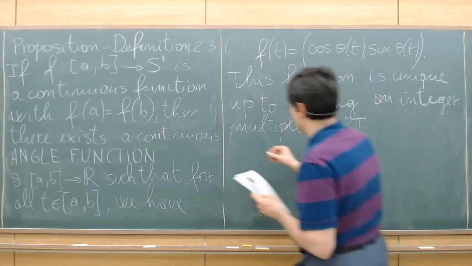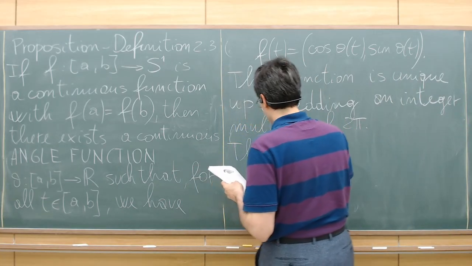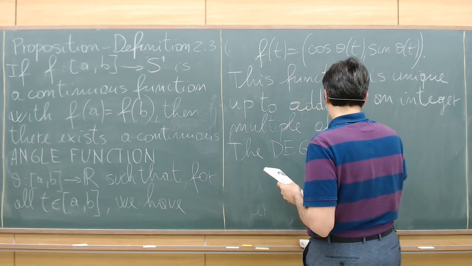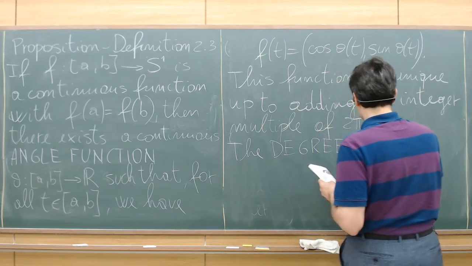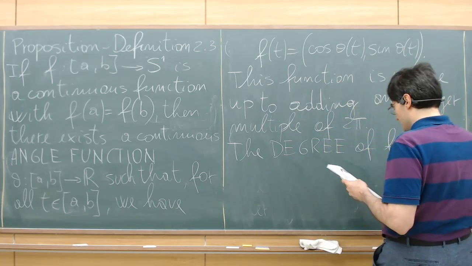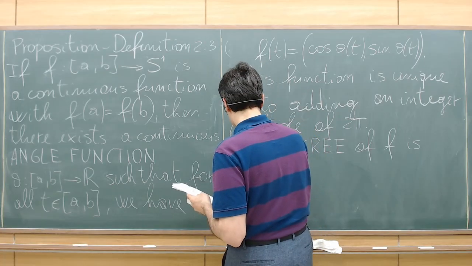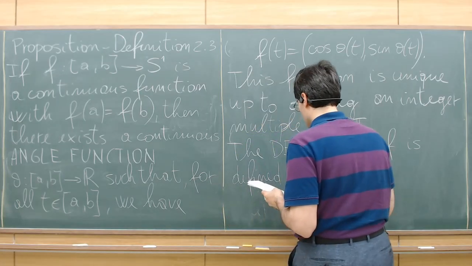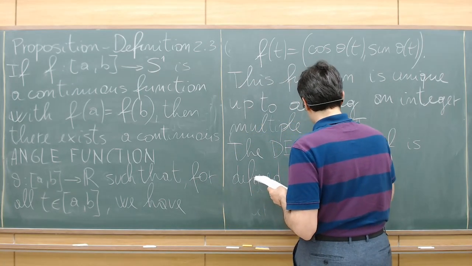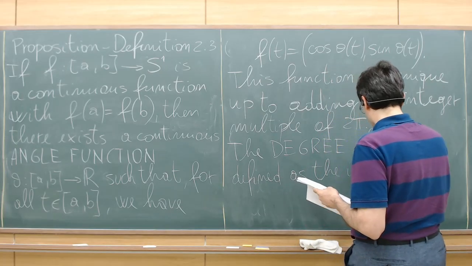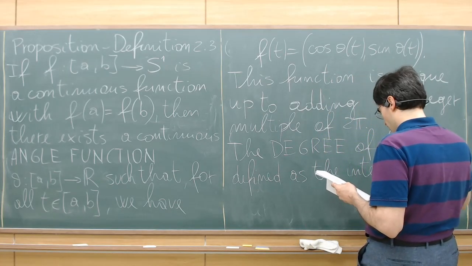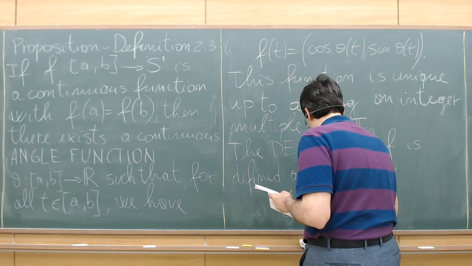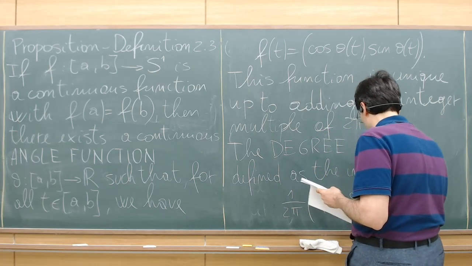And I want to define the degree. The degree of f is defined to be the integer one over 2 pi times the difference theta b minus theta a.